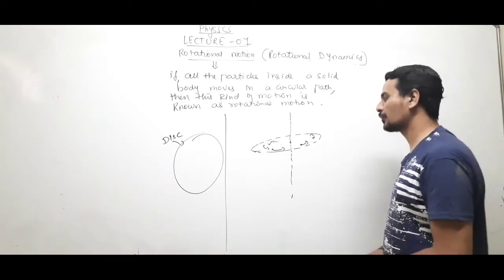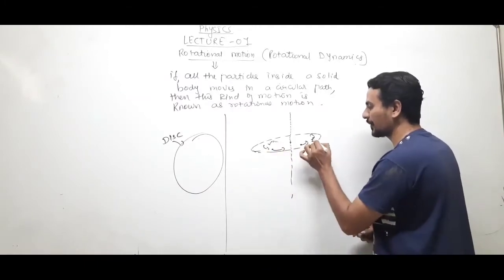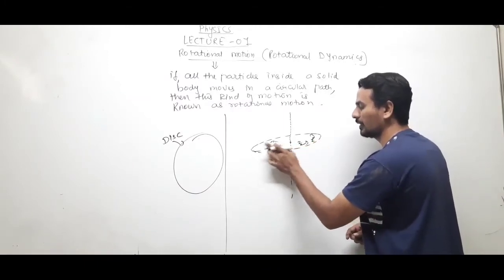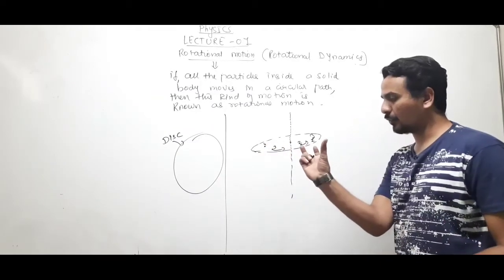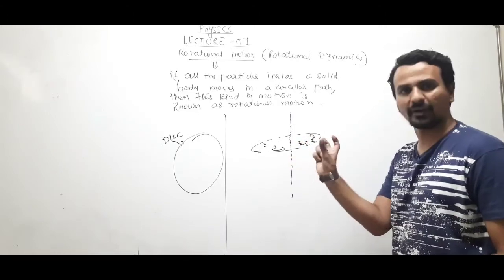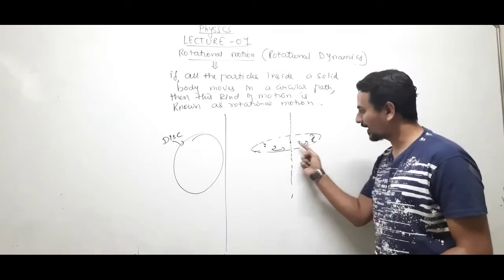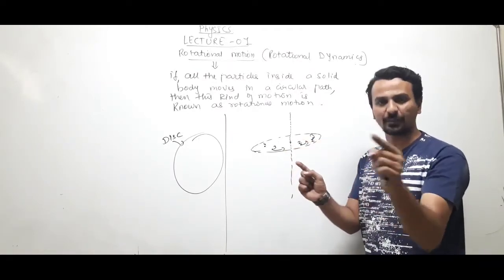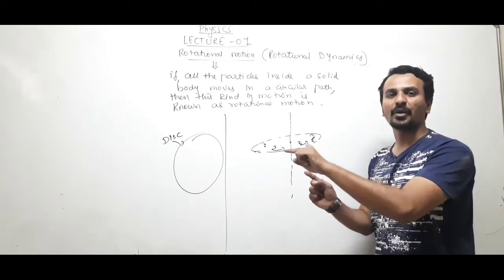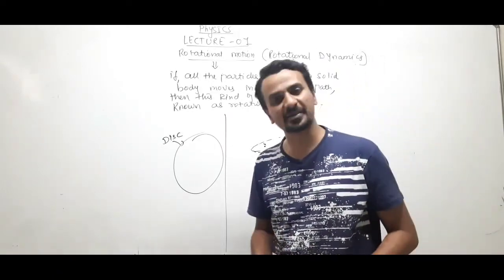Once again, suppose this is any solid body, these are the constituent particles, 1, 2, 3, 4. If the body is moved either this way or this way around this fixed axis, then all the particles will also perform this kind of motion. That means all the particles lying inside the body will perform circular motion. Then such a kind of motion is known as rotational motion.